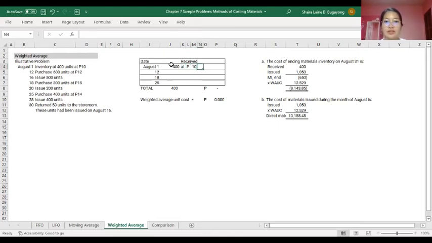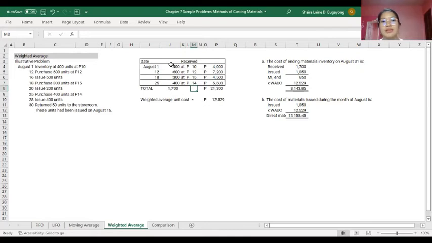So that would be 4,000. And then, napunta sa August 12, nga 600 at 12. And then, sa 18, napunta 300 at 15. And then, ang sa 25 nga 400 at 14.